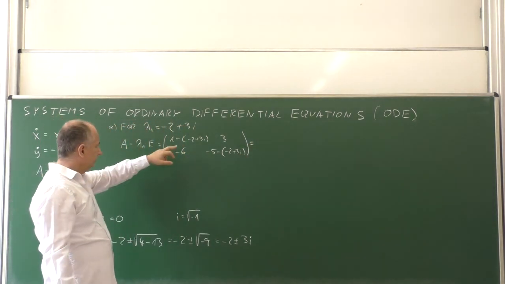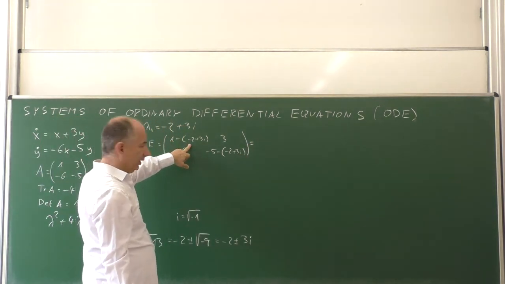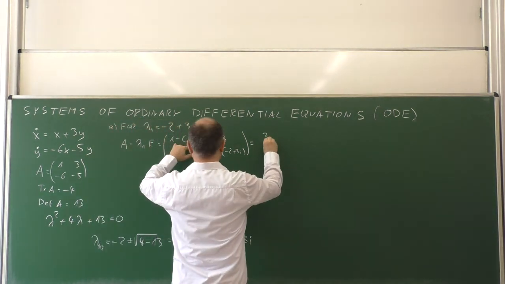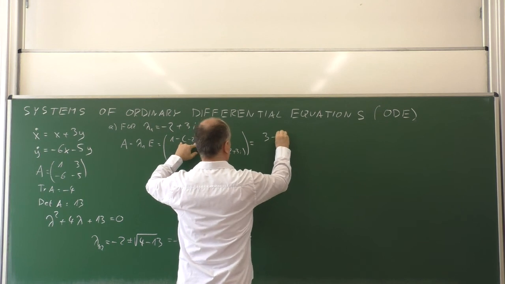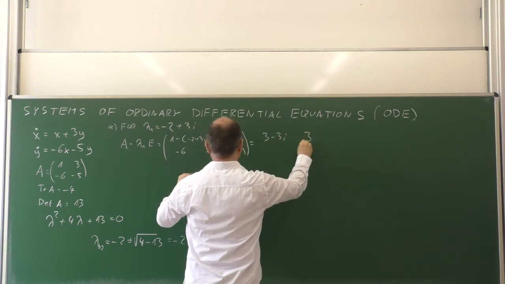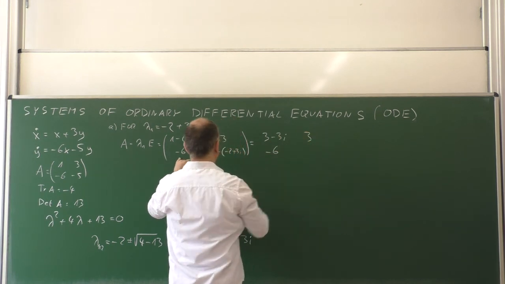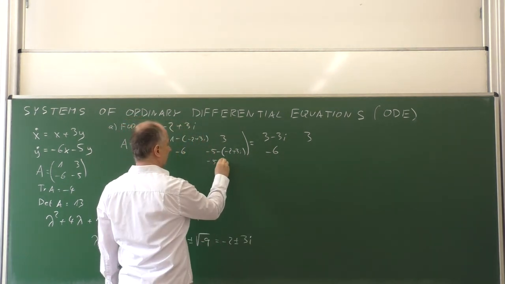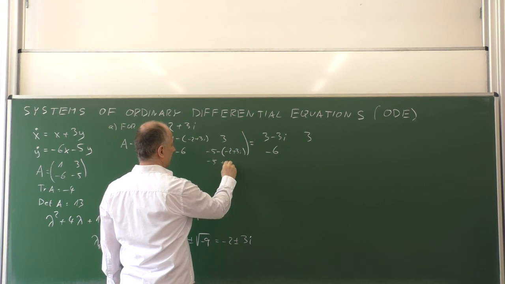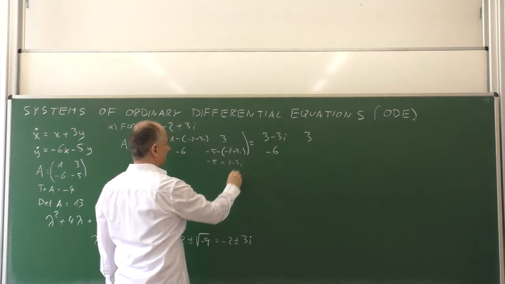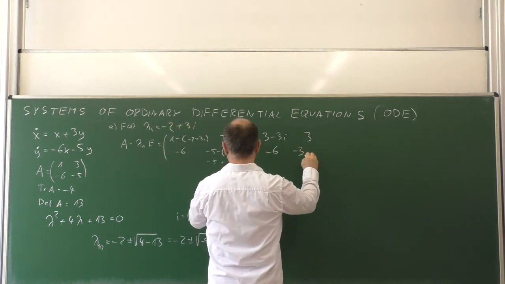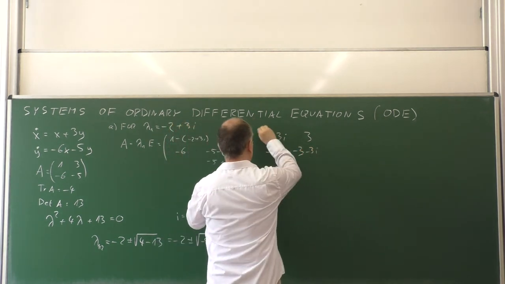So we have: minus times minus is plus, 1 plus 2 is 3, minus 3i, 3, minus 6, and here we have minus 5 plus 2 minus 3i, which is minus 3 minus 3i.